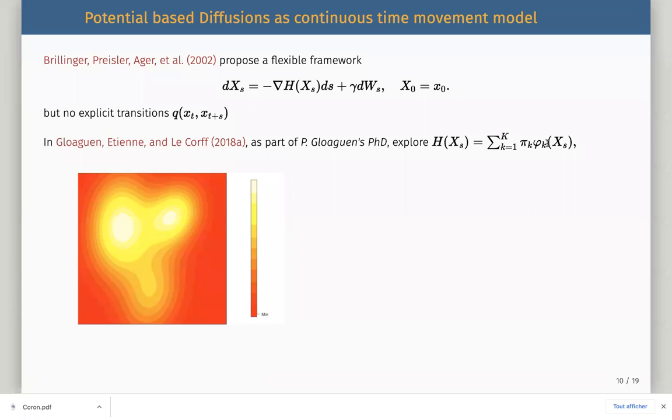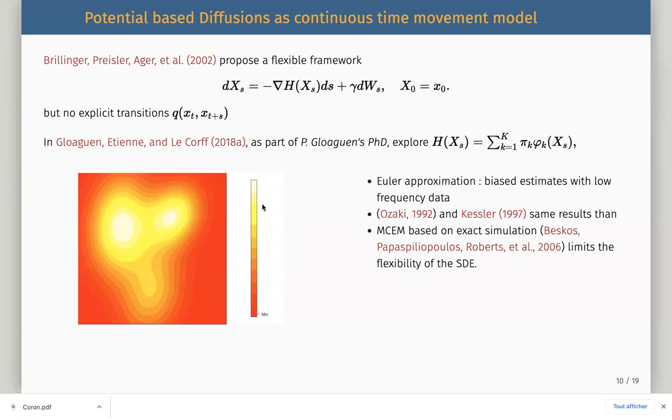So we just use a mixture of Gaussian distributions, except that we don't force the mixture to sum to 1 because there is no reason for it to be a probability distribution. So we have some very flexible shape, and we can choose the number of components in the mixture, so that we have a very flexible way to represent the attractivity of the environment.